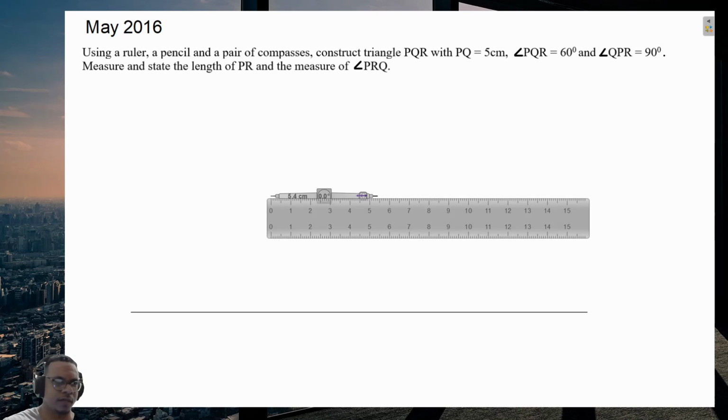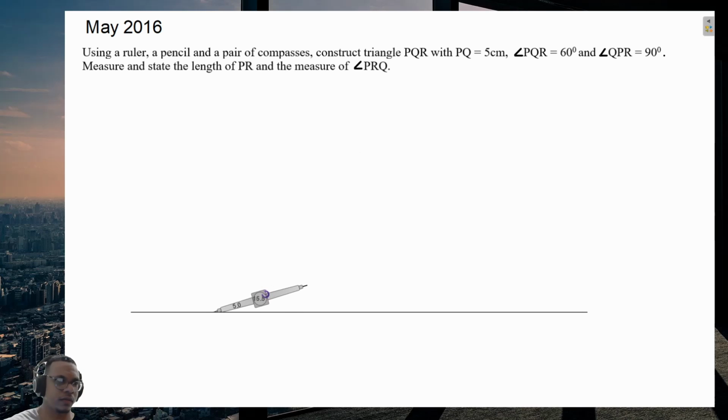So I'll open my compass out to 5 centimeters. So that will be our line segment PQ. Now we'll construct the angle PQR being 60 degrees. So that means the angle at the endpoint Q would be 60 degrees.